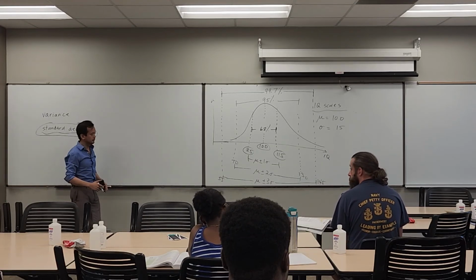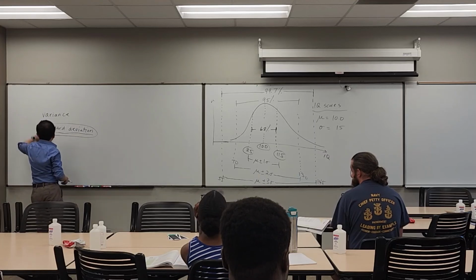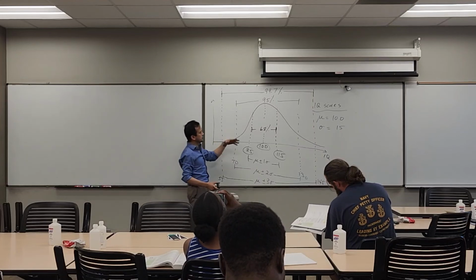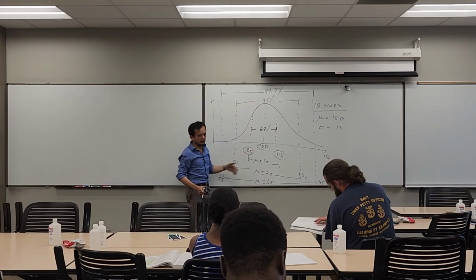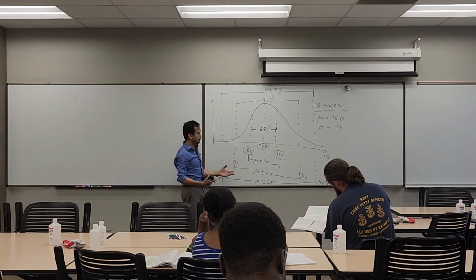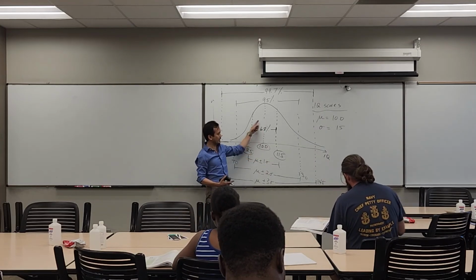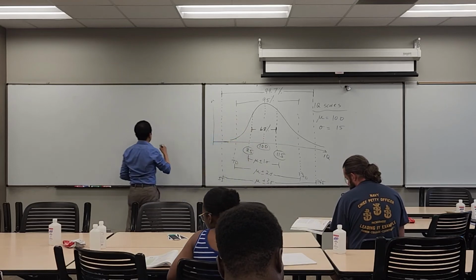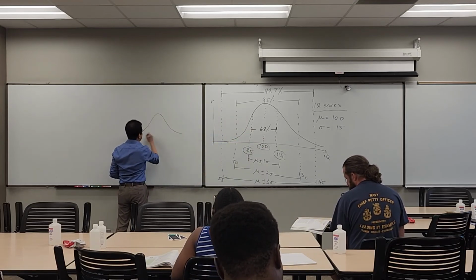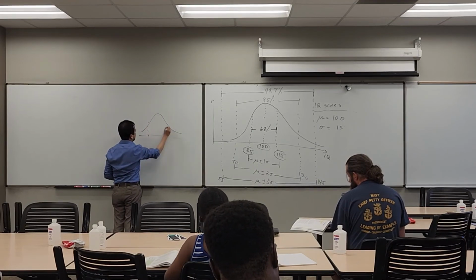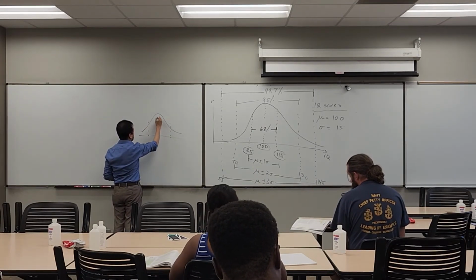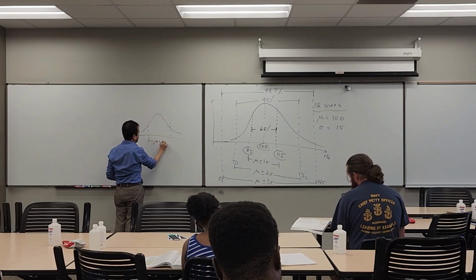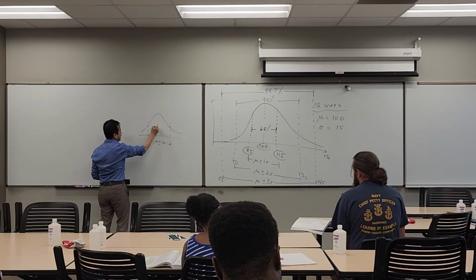Okay, any questions? All right. So this relationship only applies to bell curves. Only in a bell curve is the percentage within 1 standard deviation actually 68%. In a bell curve, this is 1 standard deviation from the mean, and you get 68%.